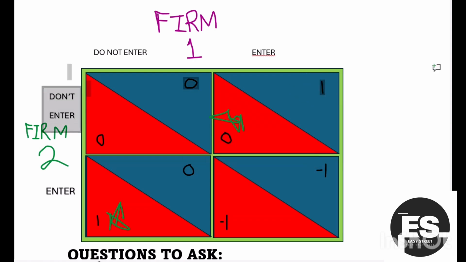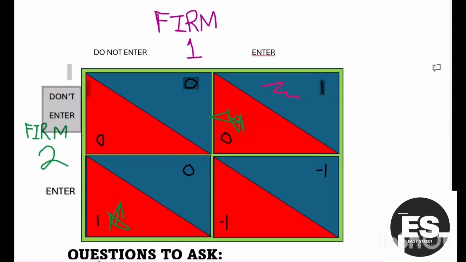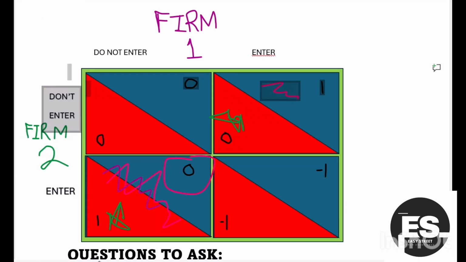Okay, and then again we ask, if firm 2 will enter the market, what will firm 1 do? 100% they're going to choose that. And you'll see, because these two are in the same circle, triangle rather, therefore we have a Nash equilibrium.